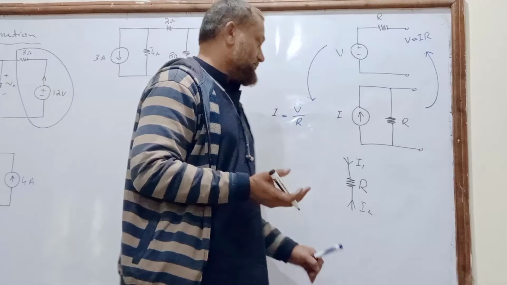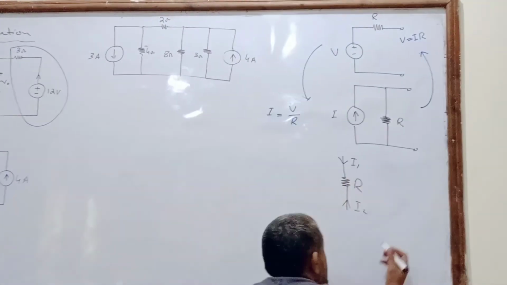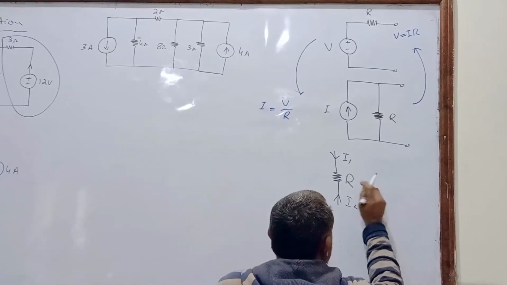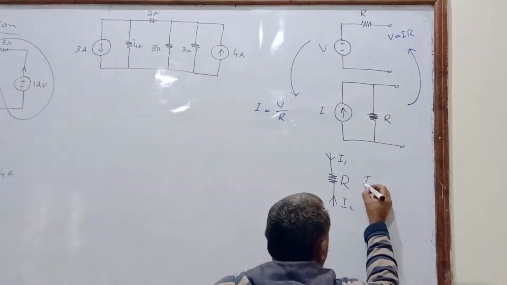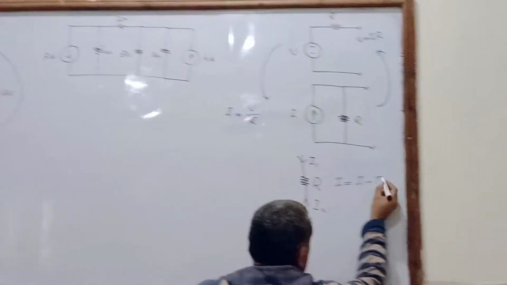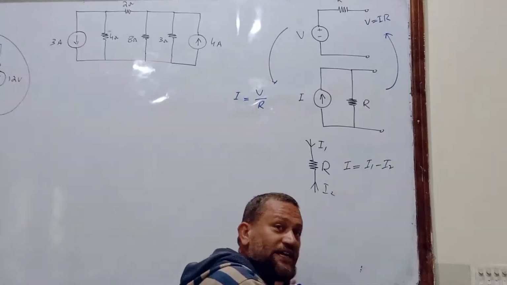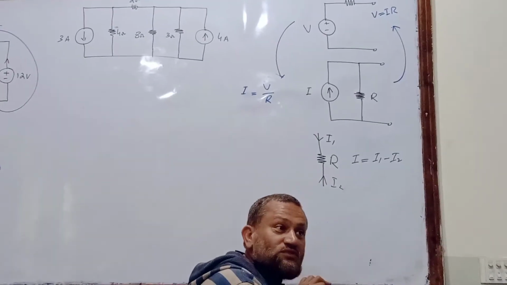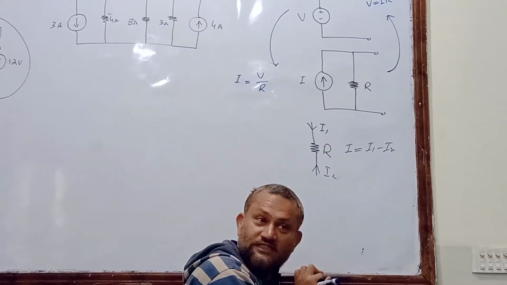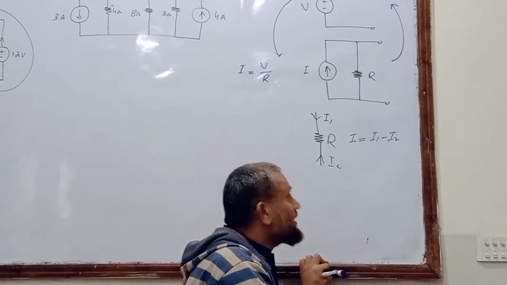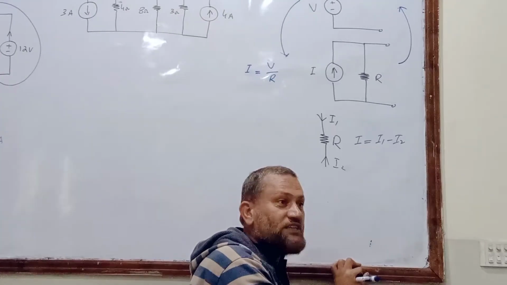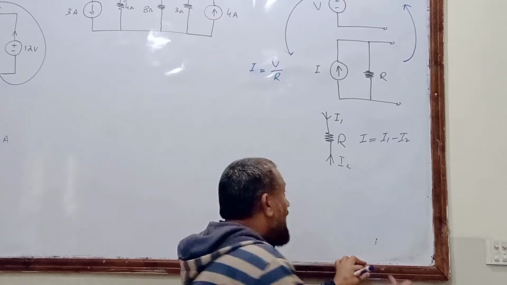Understand my point? Here the current flowing through this resistance will be, for example, I1 minus I2. Just subtract the smaller current from the larger, so that the result comes out positive, because current is always positive.